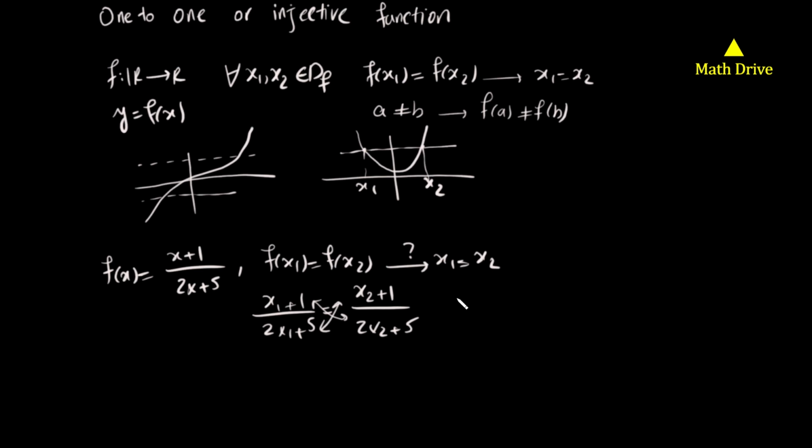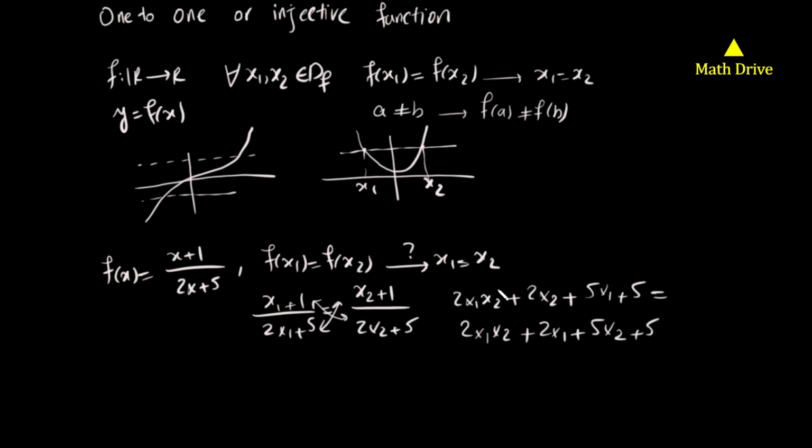It's going to be 2x1x2 + 2x2 + 5x1 + 5 is equal to, on this side, 2x1x2 + 2x1 + 5x2 + 5.